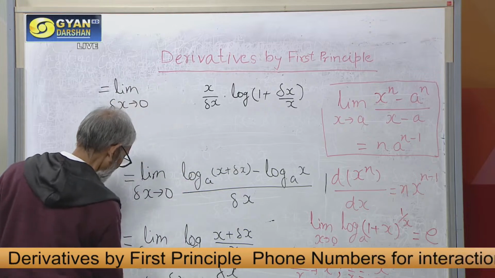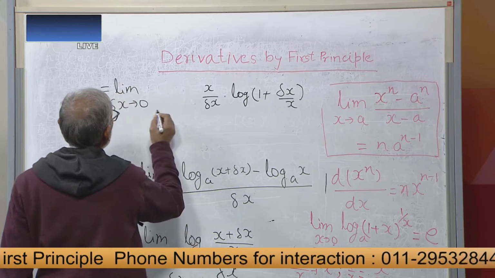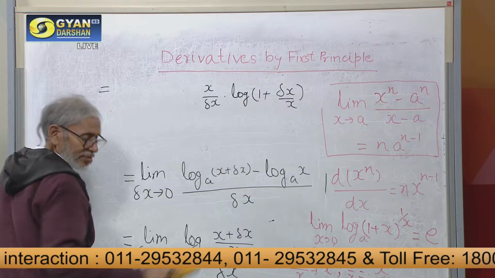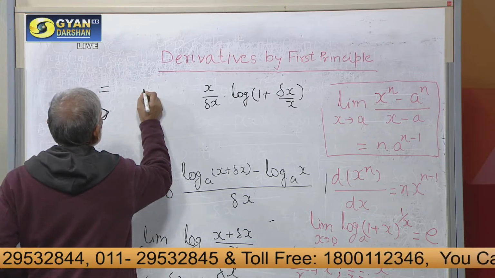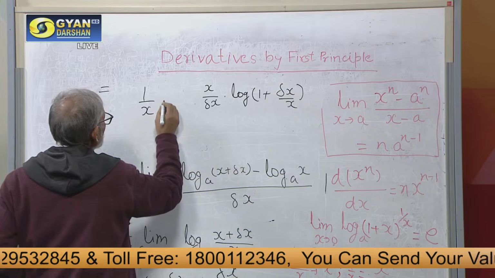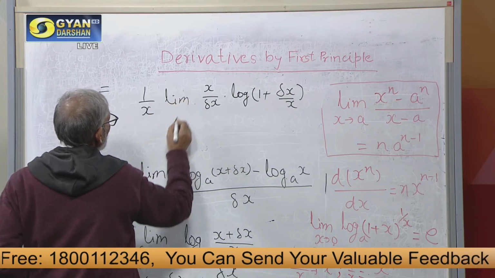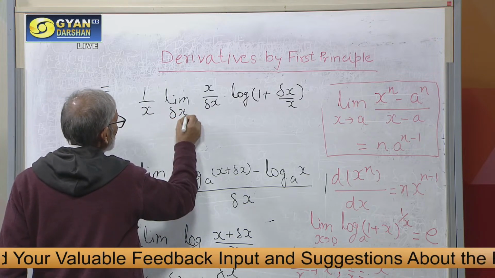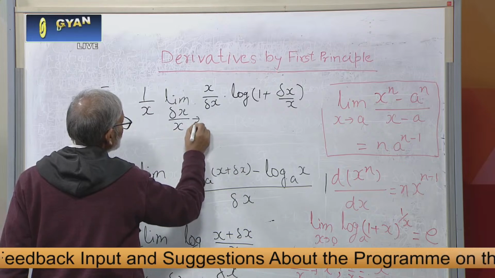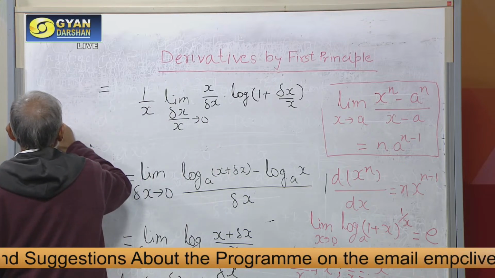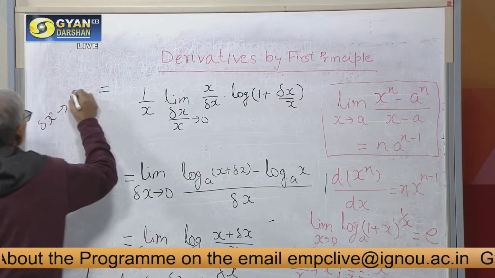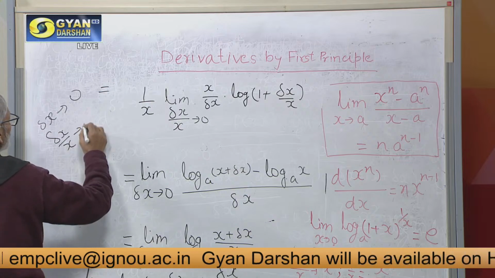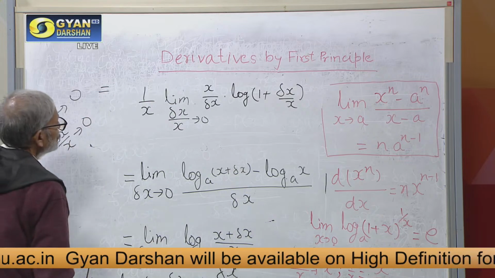And this 1 by x will come outside. What we have done, we have taken 1 by x outside, and limits delta x upon x tends to 0, because if delta x tends to 0, delta x upon x will also tend to 0.